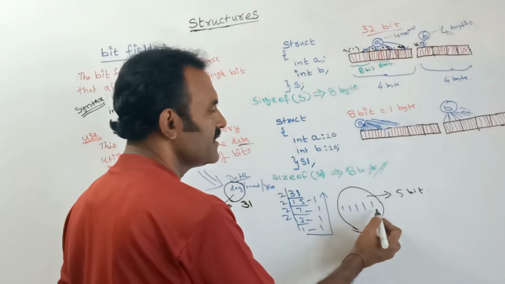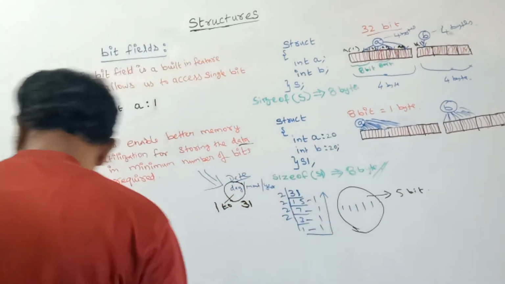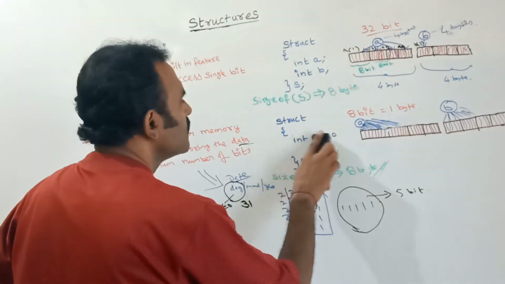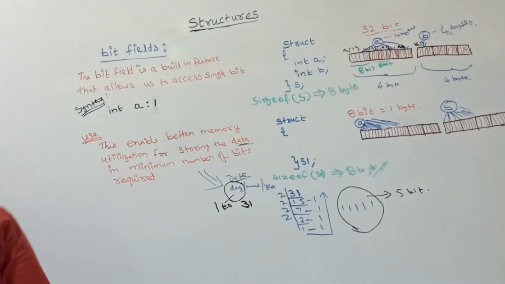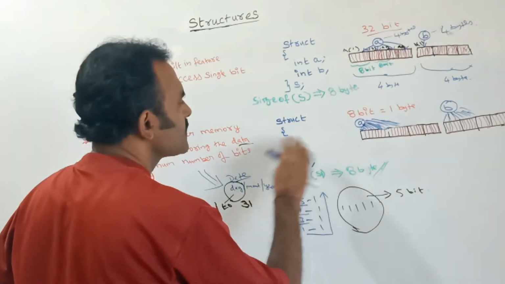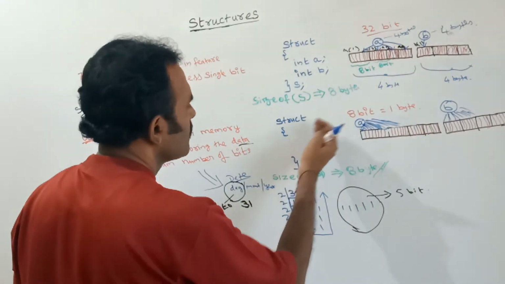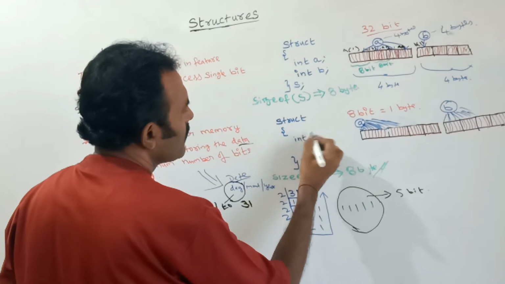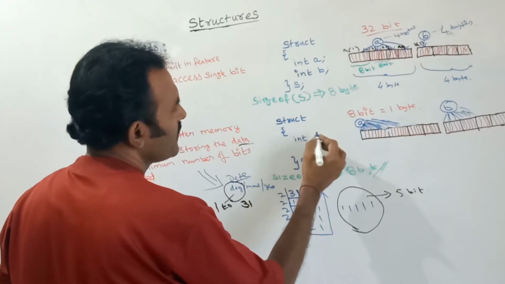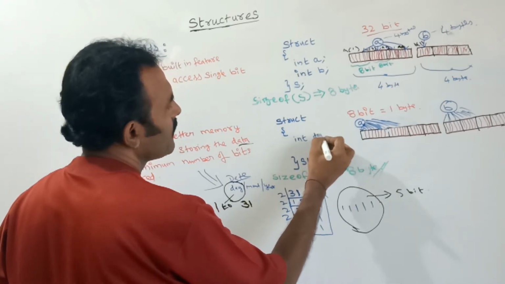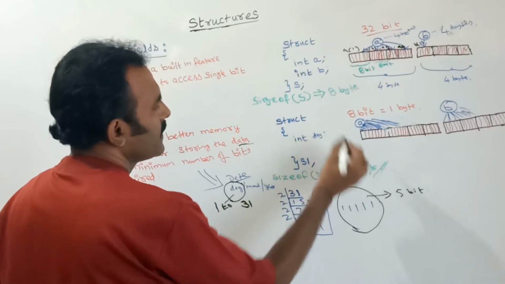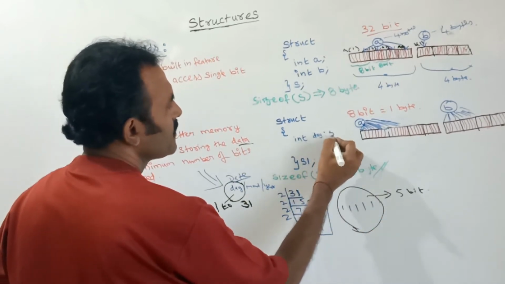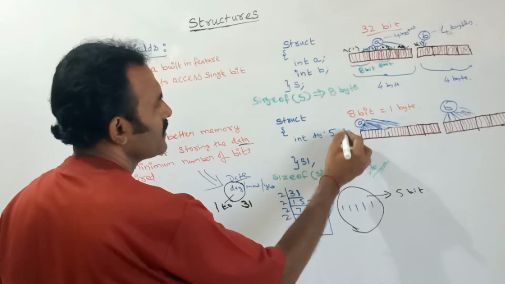So these 5 digits are enough. Suppose I need to store the day, I can declare the structure member like this: integer day, next colon, 5 bits. 5 bits were enough for me.